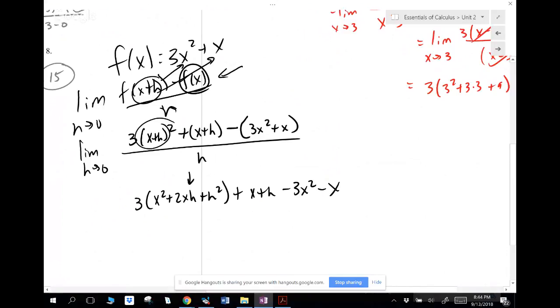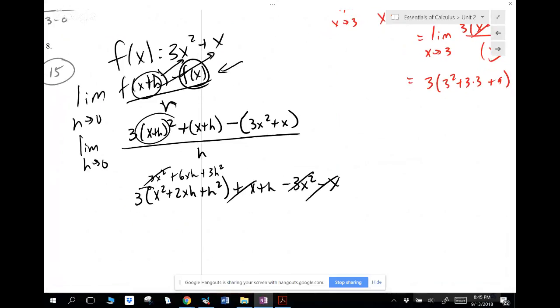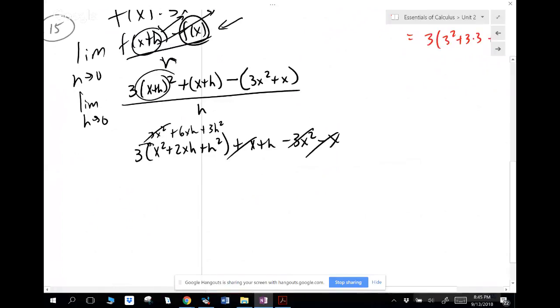So I'm going to get 3x squared plus 6xh plus 3h squared. I only did that so I can see that I'm going to end up canceling those out. Whenever you're doing the limit definition of the derivative, you're always going to end up canceling everything out except for the things that have h's in them, because that h needs to cancel out in the denominator.